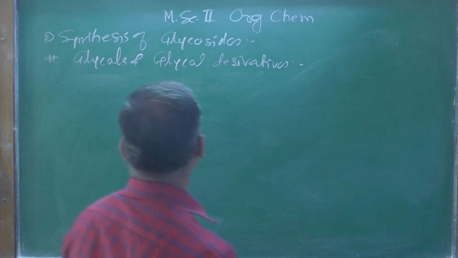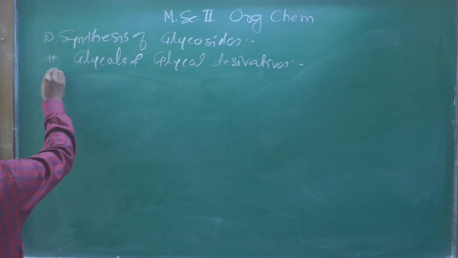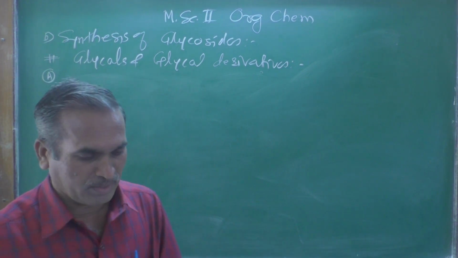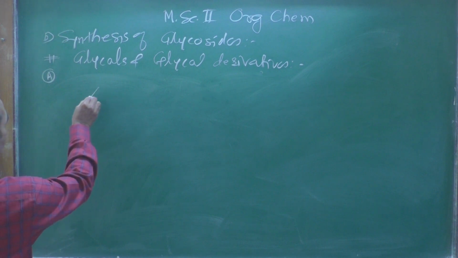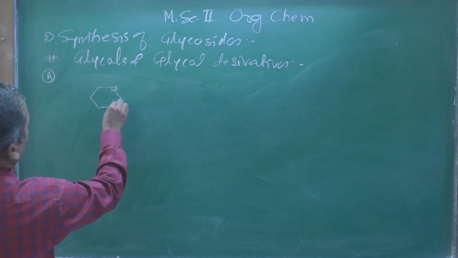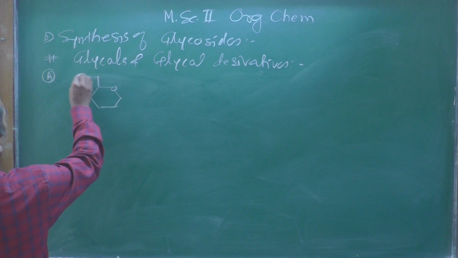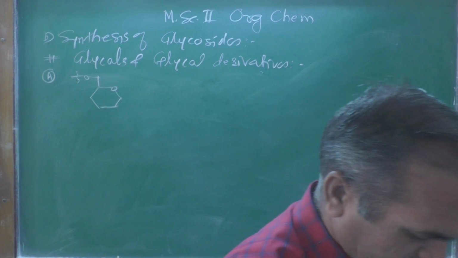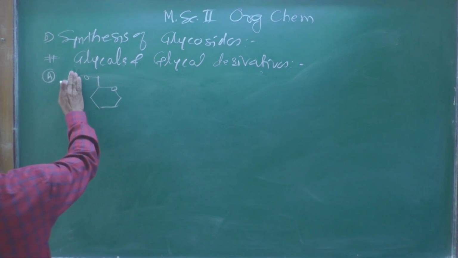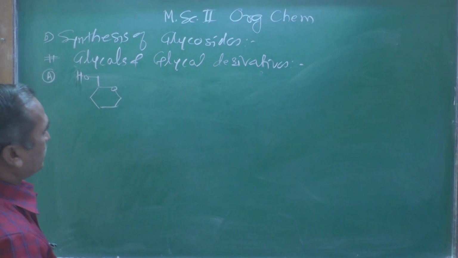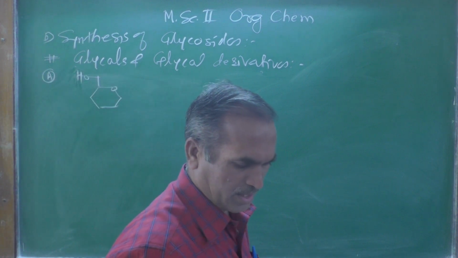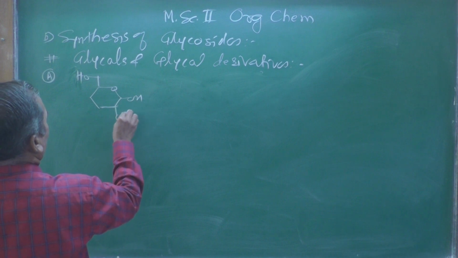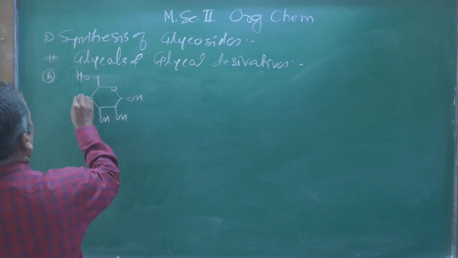Suppose, let me show over here, A, where we can represent the 6-membered ring like this. Here O, and on this side we can write H, H. Then on the other side all are hydroxyl groups, OH, OH, OH and HO.